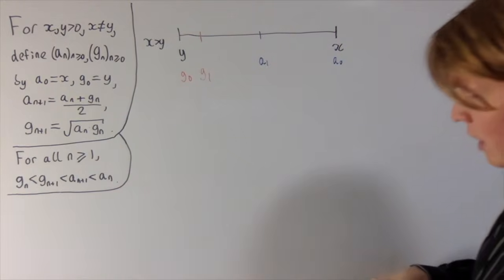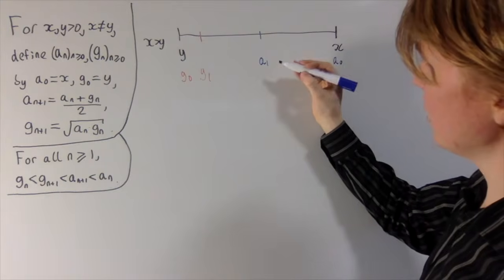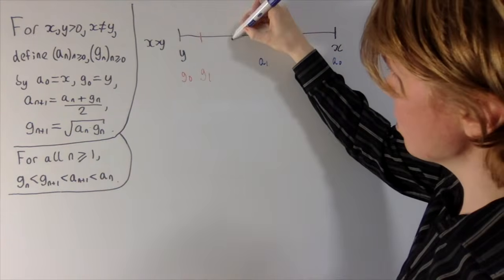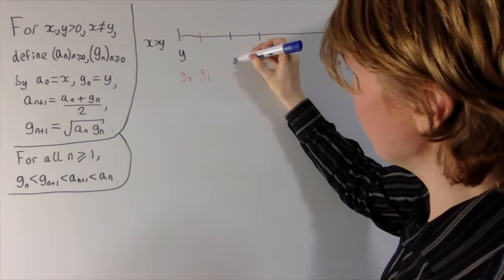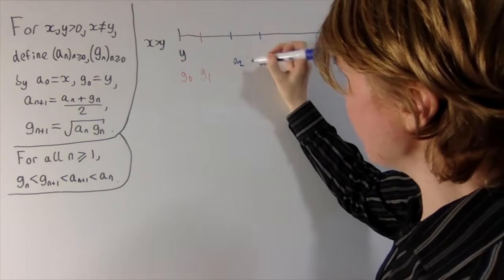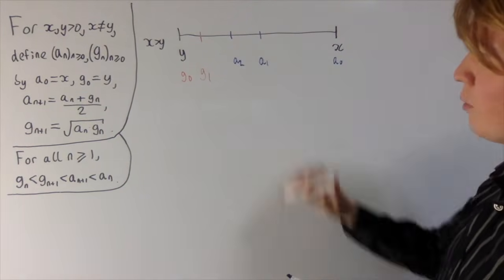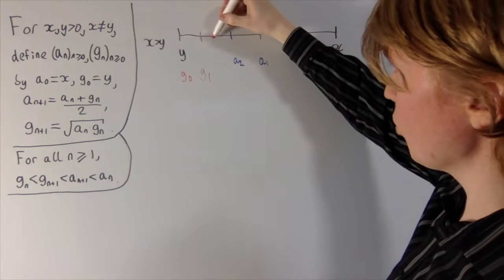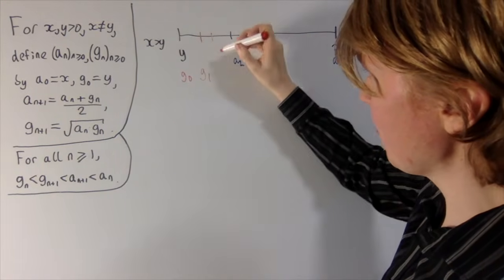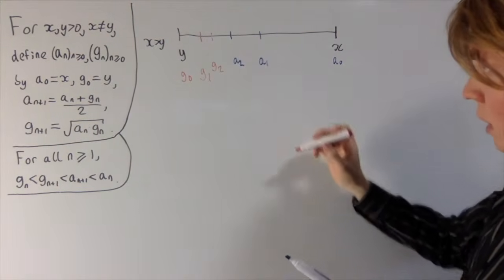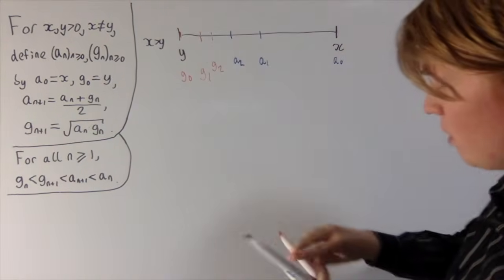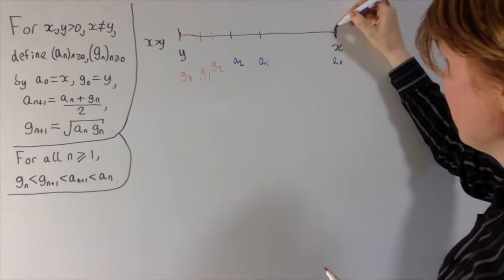And then if we want to find the next term, if we want to find A2, this is just the arithmetic mean. It's halfway between G1 and A1. So A2 goes here. And then to find G2, this is going to be somewhere between these, so maybe it's around here. So the kind of structure that we're seeing here, I also mark on G0 and A0.